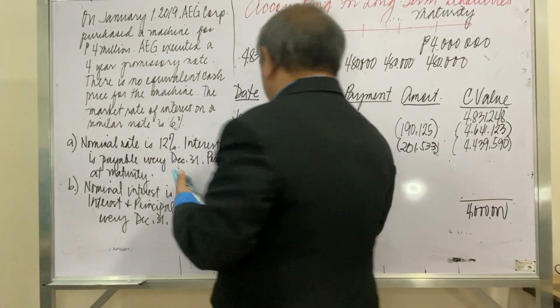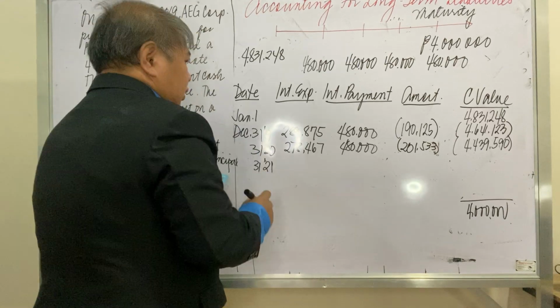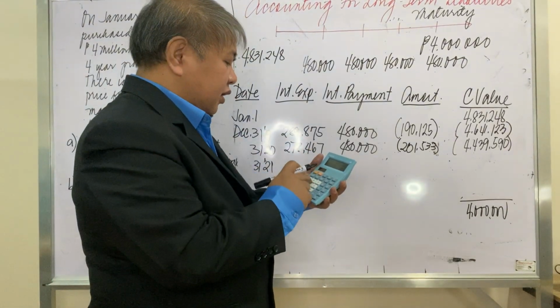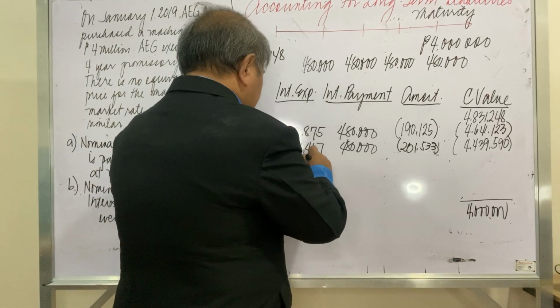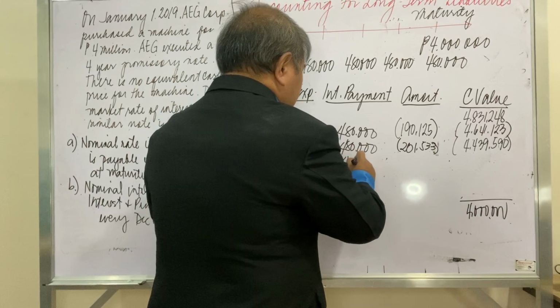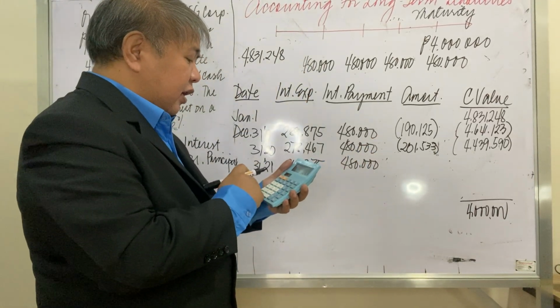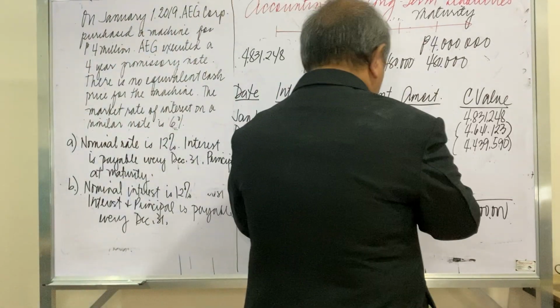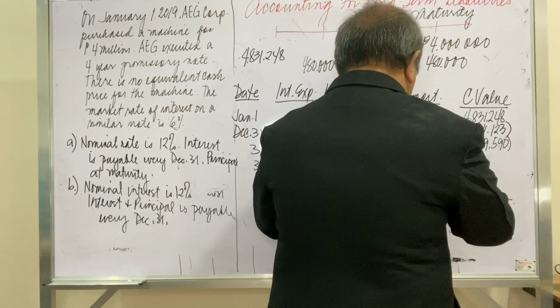Okay. And then December 31, 2021, times 0.06. This is 266,375. And against 480,000, so minus 480,000, this is 213,625.